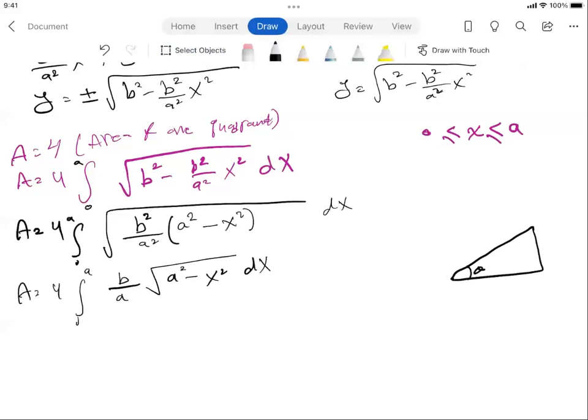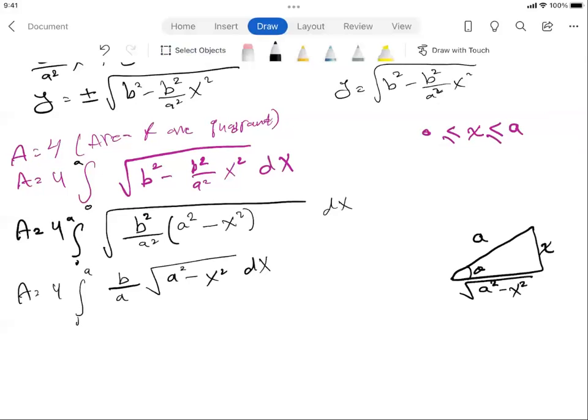Since we have a square minus x square, I'll put my a there, since a is the hypotenuse, then I will choose my x here, and simply the adjacent will be the square root of a square minus x square.